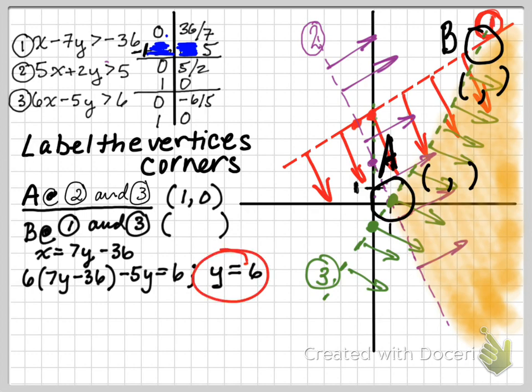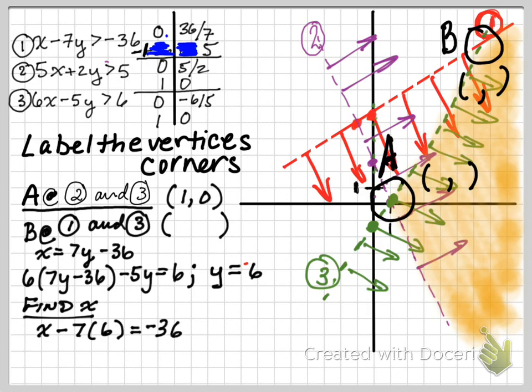I take that 6 and substitute it back in for y, in either one of these, it doesn't matter which one, to solve for x. If I substitute it into the first equation, I'm finding x here: x minus 7 times 6 is equal to negative 36, and when I solve that, I get x equals 6. So I've got y and I've got x. That's the place where they intersect.